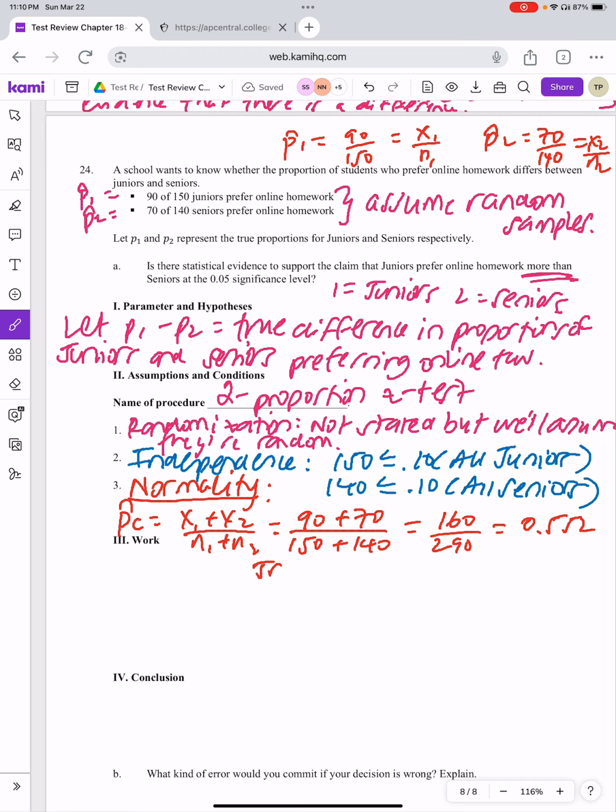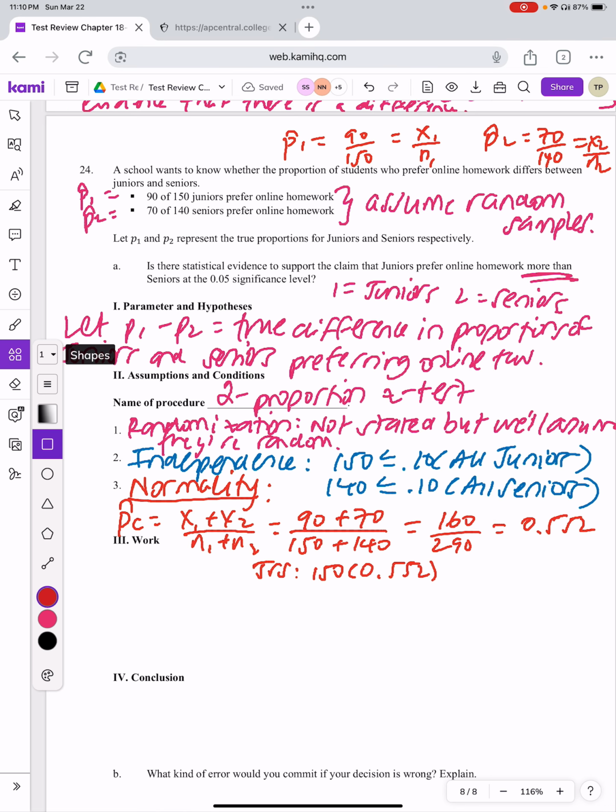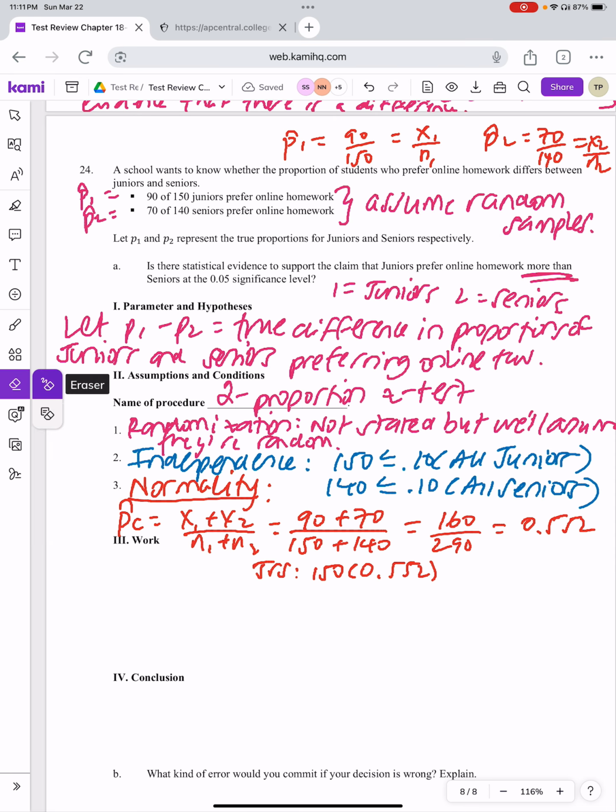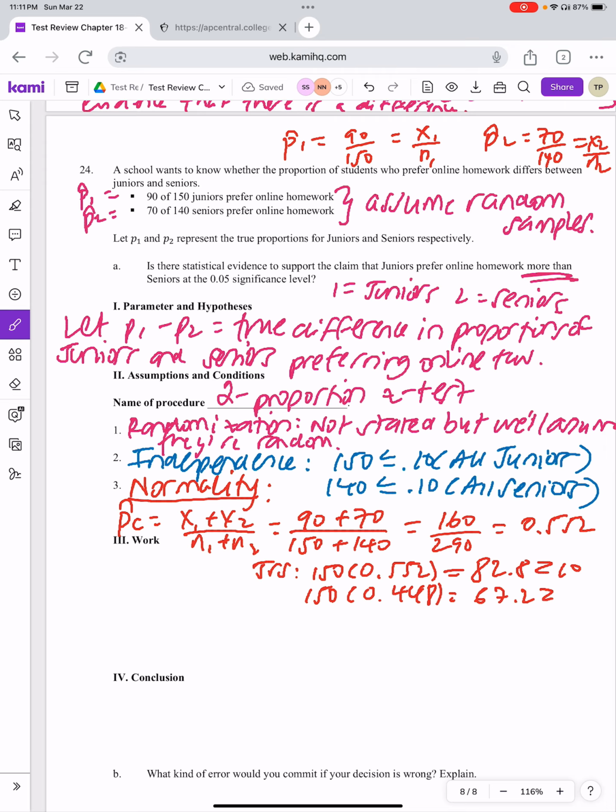So for the conditions, you should check it out. For juniors, it should be 150 times 0.552. If you have a calculator, this should be like 82.8. That's bigger than 10. And then the complement of that would be 150 times 0.448. That's 67.2, which is bigger than 10.